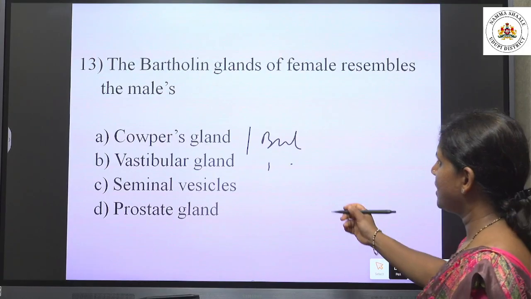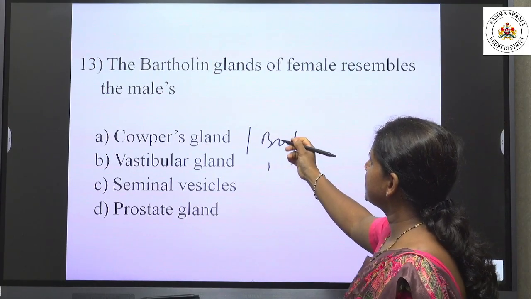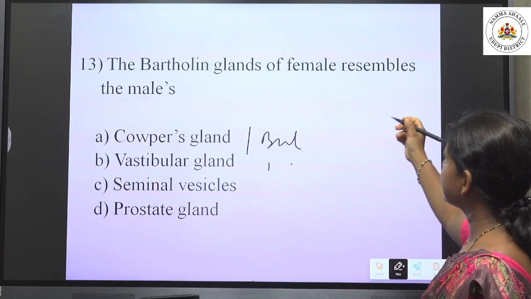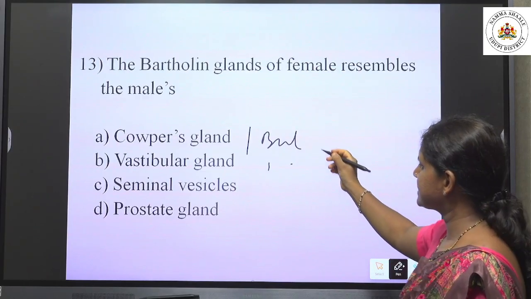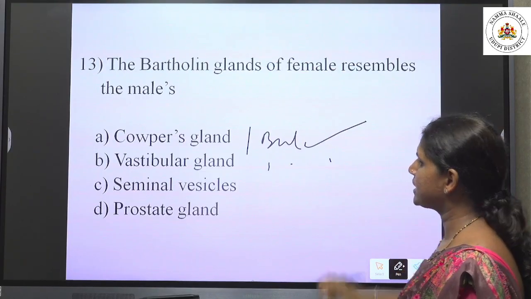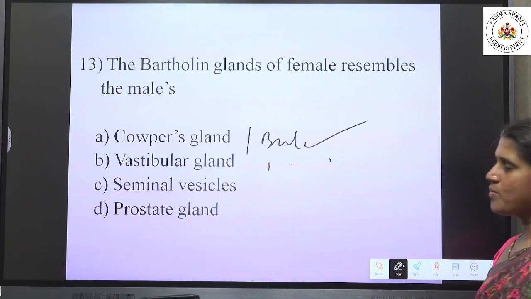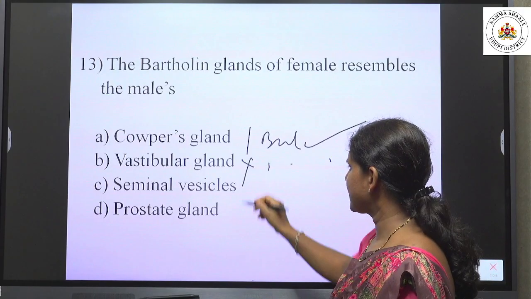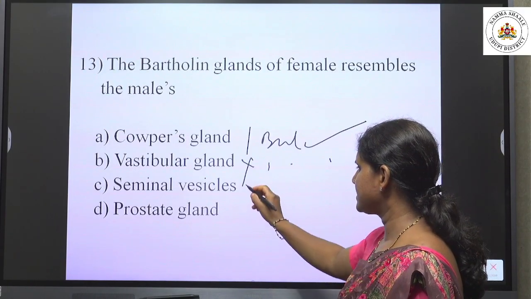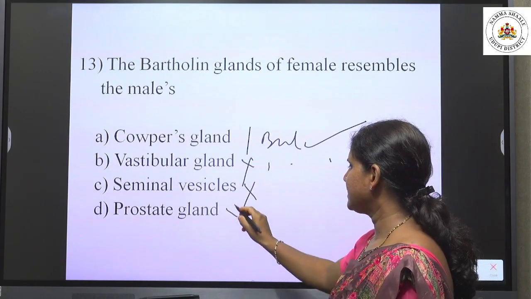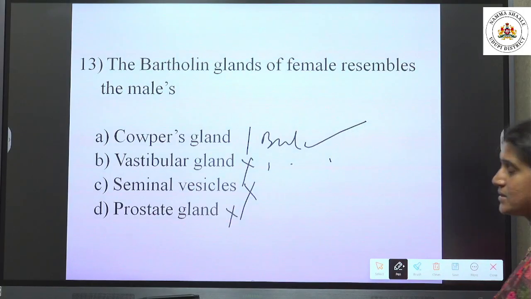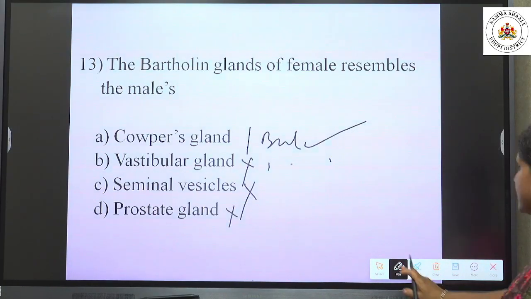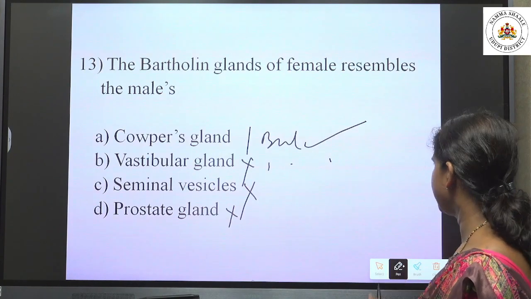So hence the Bartholin's glands of female mainly resemble the bulbourethral gland, or the corpus gland, in male. So the vestibular gland is also a wrong answer. Seminal vesicle and the prostate gland are wrong answers. Hence the correct answer is A.